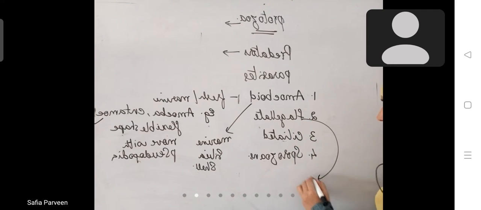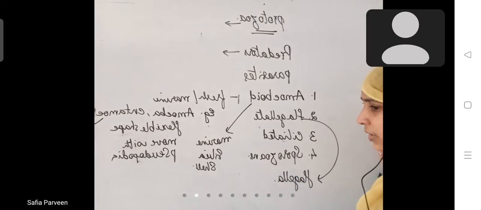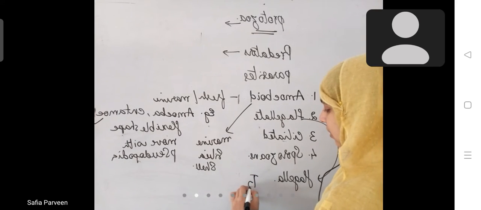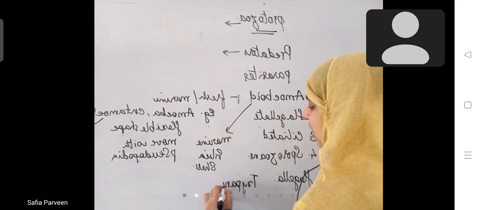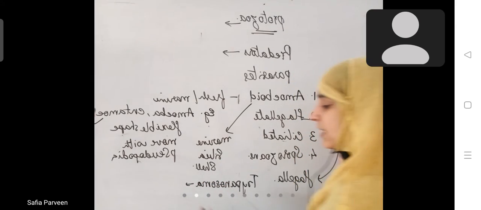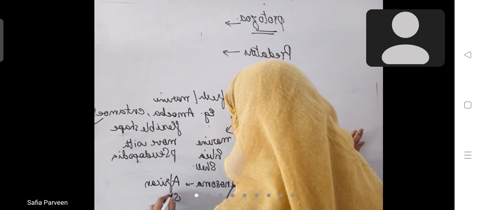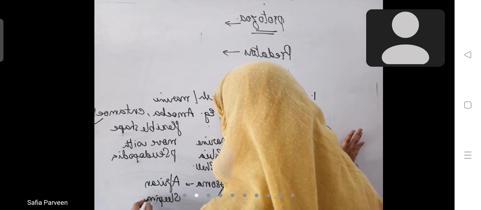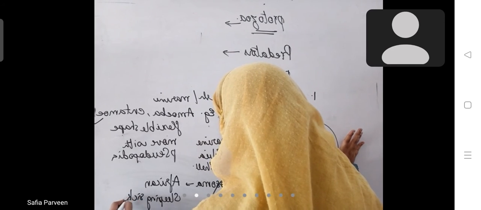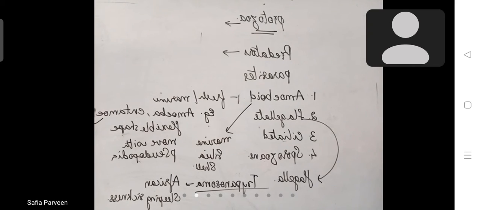As the name says, it has flagella. The best example for this is trypanosoma. Trypanosoma is a protozoa which causes African sleeping sickness.